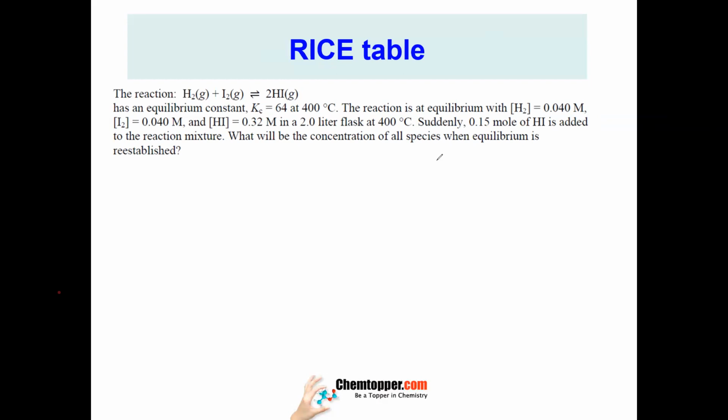The equilibrium condition is given. This one, in a 2-liter flask. Suddenly 0.15 mole of HI is added. If suddenly HI is added, then the system is non-equilibrium.